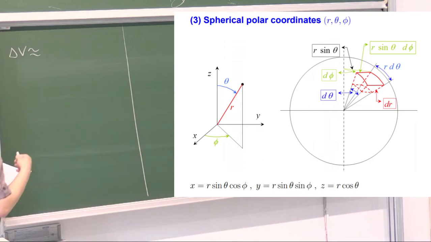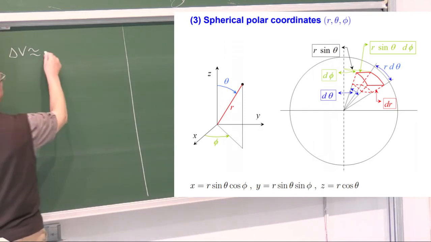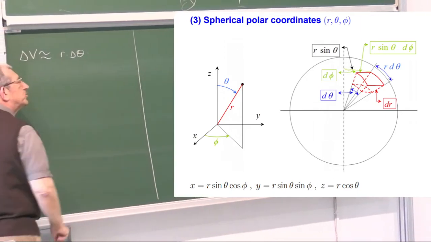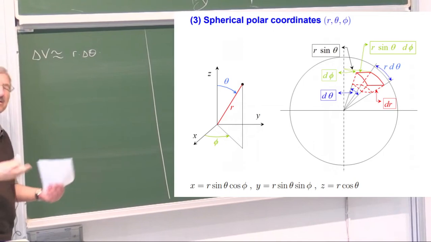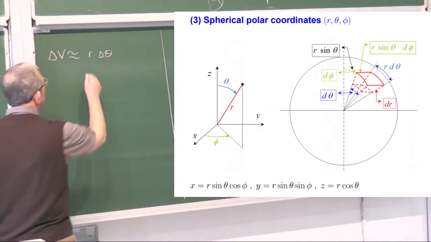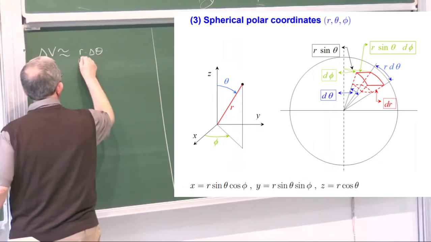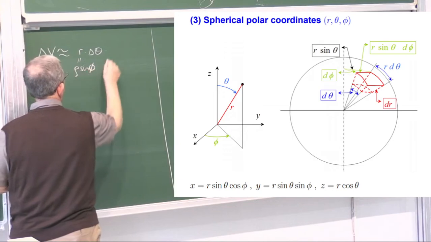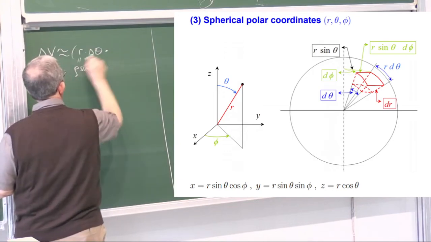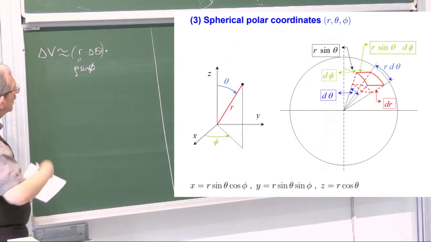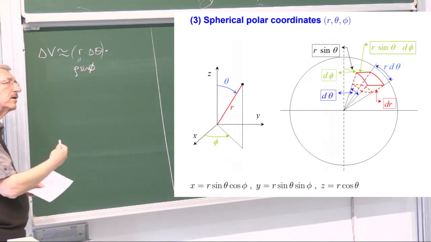Well, the part coming from delta theta would be R delta theta. In the picture, it's shown as d theta, but you can assume it's a little bit of an approximation. And R here is rho sine phi, times the part coming from delta phi.